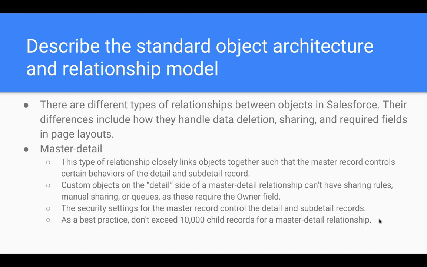That also means that you will not be able to see the sub-details in that record. So not only will you not be able to see the marketing object, but you won't be able to see any fields related to the marketing object, if that's how the security settings are set up. As a best practice, don't exceed 10,000 child records for a master detail relationship. That just might be something that pops up in the test.